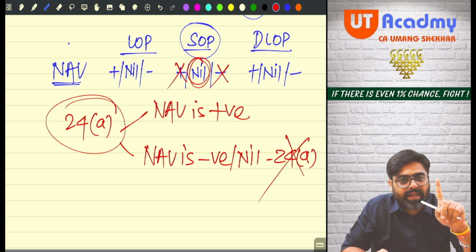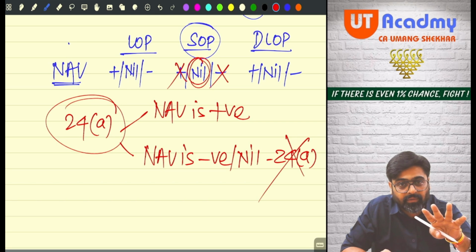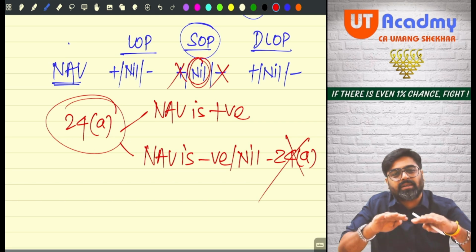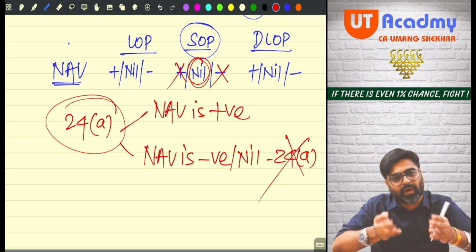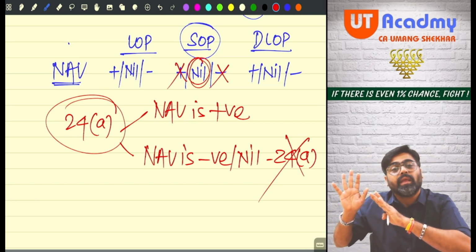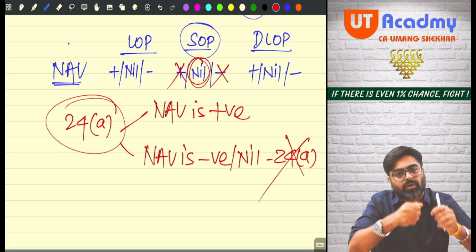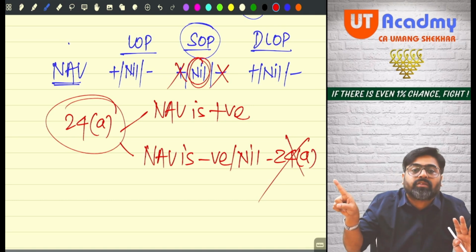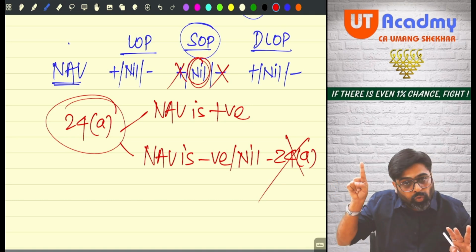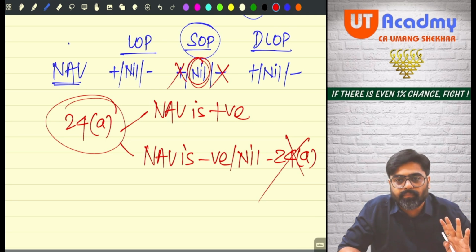So please take 30% standard deduction only if your NAV is positive, and that 30% standard deduction is a fixed amount, a notional amount, an imaginary amount which is allowed to you as a deduction, so that if at all you might have incurred some expenses, all those expenses are covered by this deduction. Hence your expenses will not be allowed separately as a deduction, because to take care of that, this standard deduction is given. Getting my point?